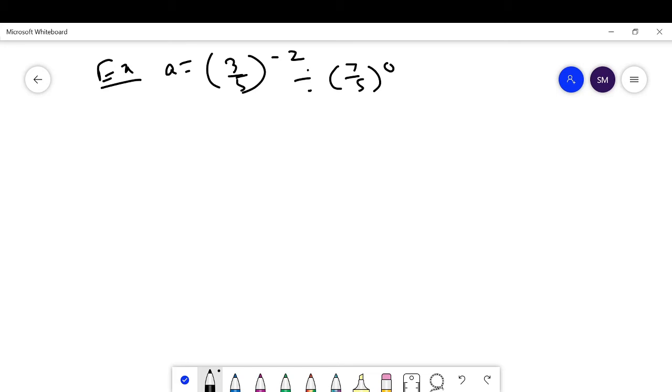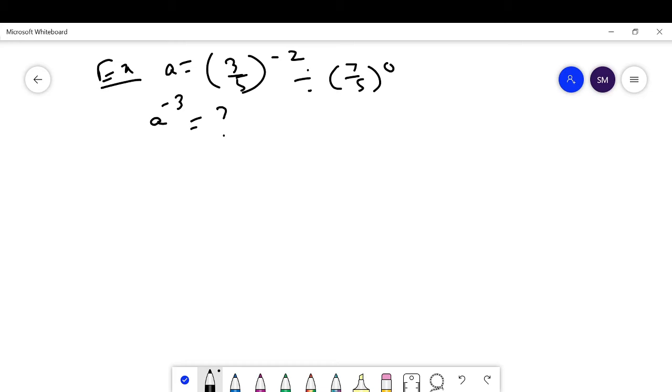Otherwise, you have seen me in the last question, I also made some mistake and I will correct it. Then we have to find out the value of A to the power minus 3.